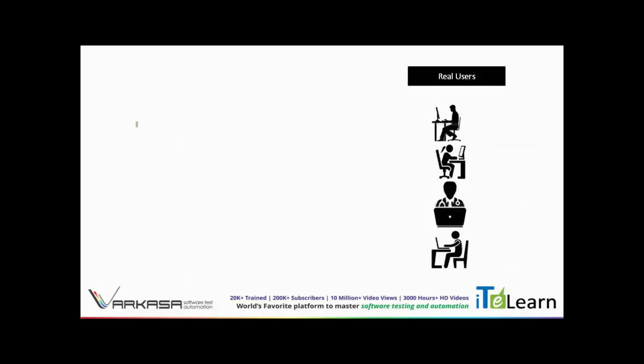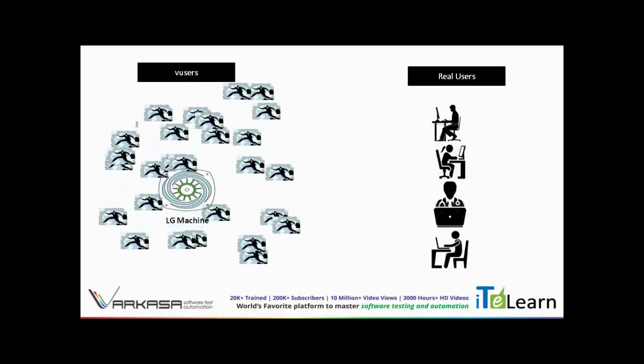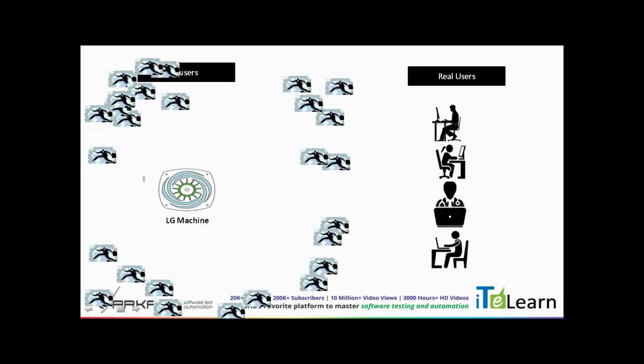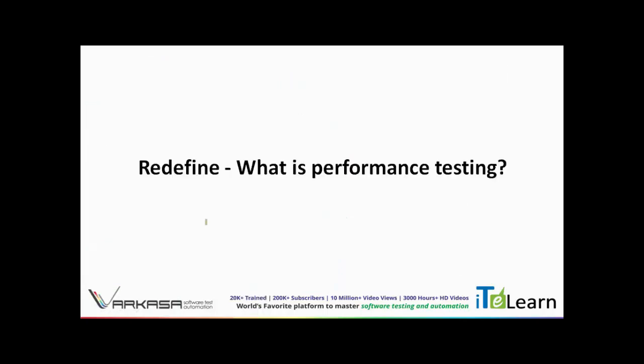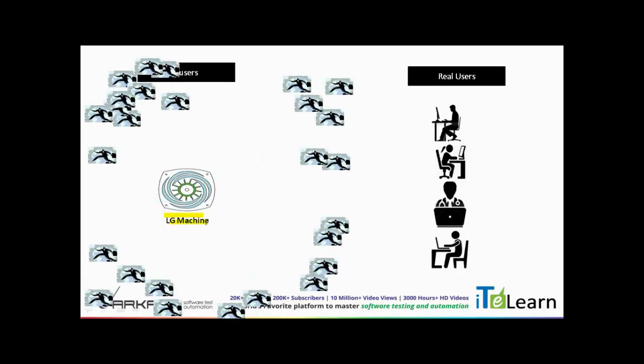Real users are you and me, whoever is accessing these websites. But virtual users are machine generated users. This machine, typically we call it an LG machine or a load generator machine, which is a part of the tool called Loadrunner. It's a component of the tool called Loadrunner, and this is the machine which will give these virtual users. So we also discussed these virtual users in the last class.